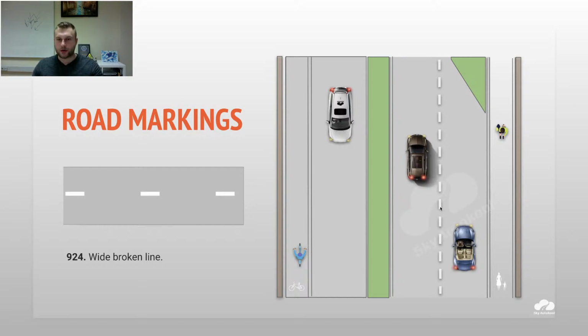And also you can see a wide broken line here. And as you see as an example, this lane is ending. That's why it's wide. And it means you soon need to change the lane. Otherwise you get stuck somewhere.